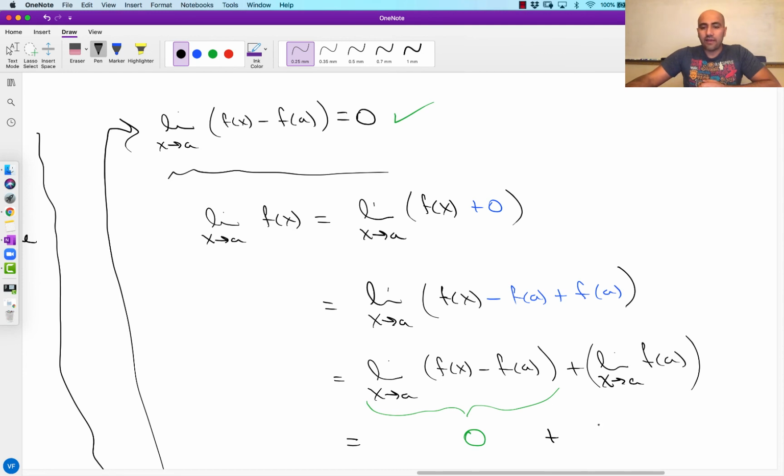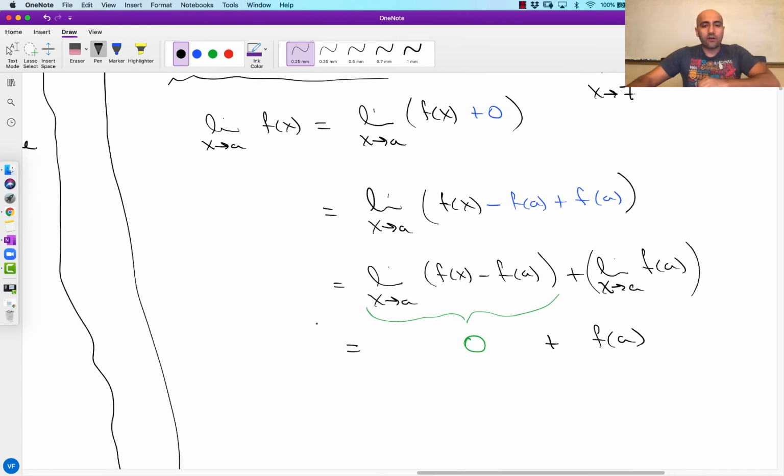It's kind of like the limit as x approaches 7 of the function 5. It doesn't matter if we have y equals 5 as our function; this is just a horizontal line. As the inputs approach 7, the outputs are always 5. So this is just 5. Same thing here: this is some constant value, so it equals f of a.